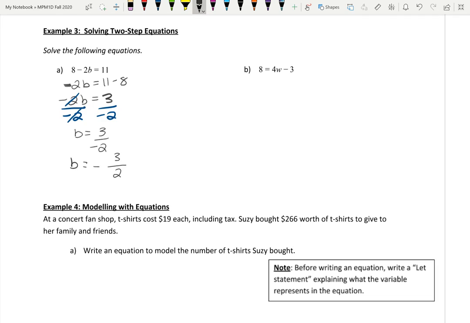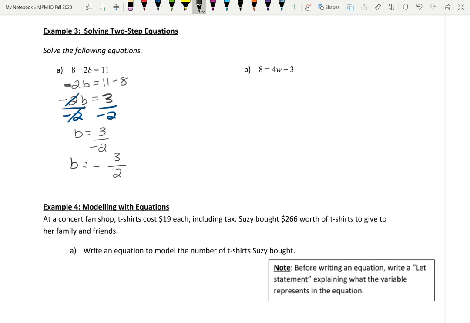I would leave my final answer in fraction form, unless the question specifies to convert to decimal, or unless you're dealing with money, because with money we always deal with decimals, we don't deal with fractions.